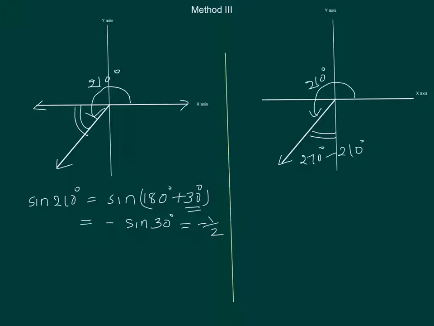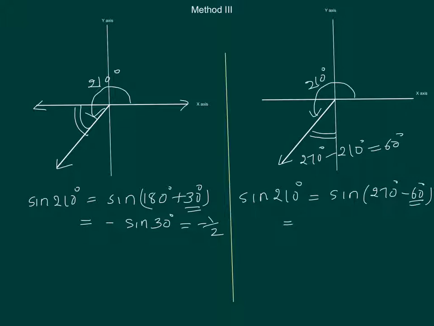But we are going to do it like sine of 210 degrees is equal to sine of 270 minus theta. So we can write that as 270 minus 60. So now this is our reference angle. We can see clearly, here also we are getting 60 only.